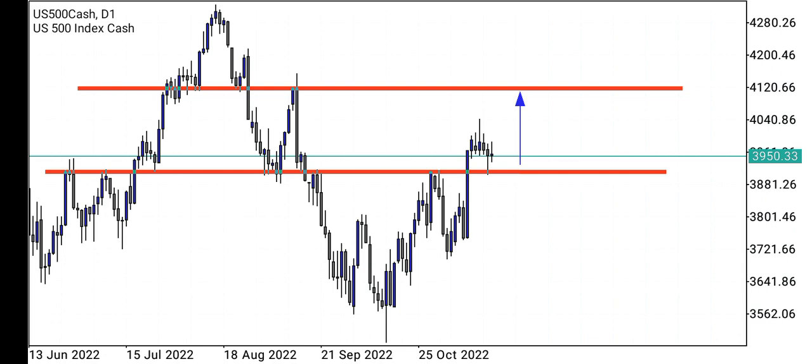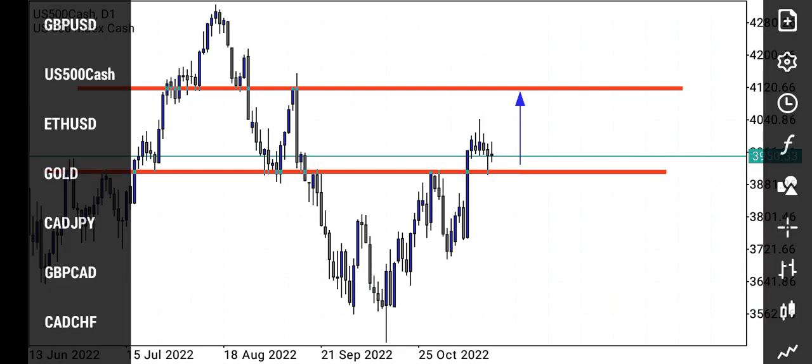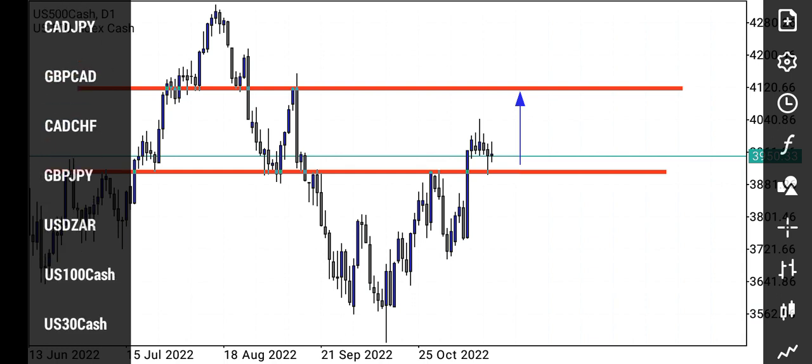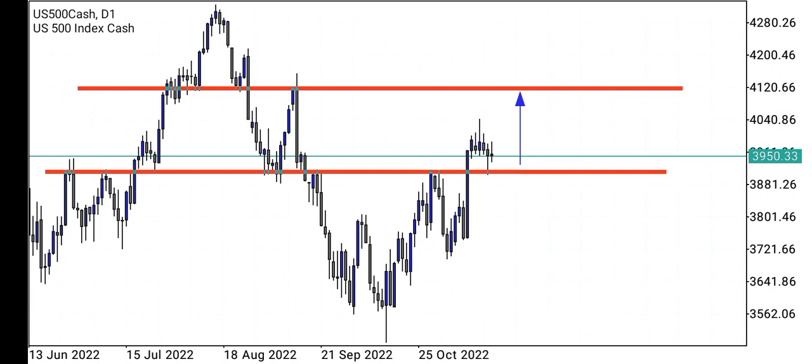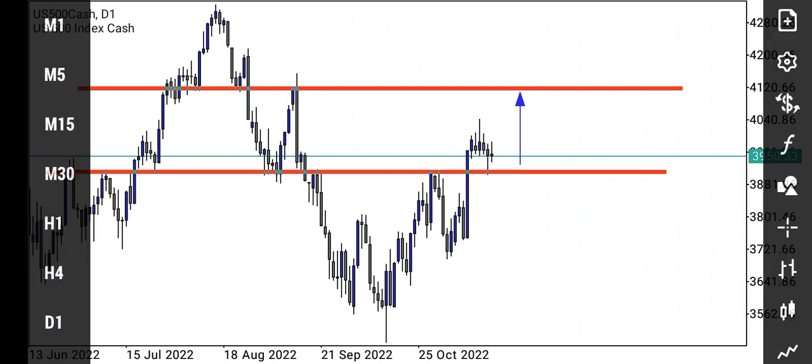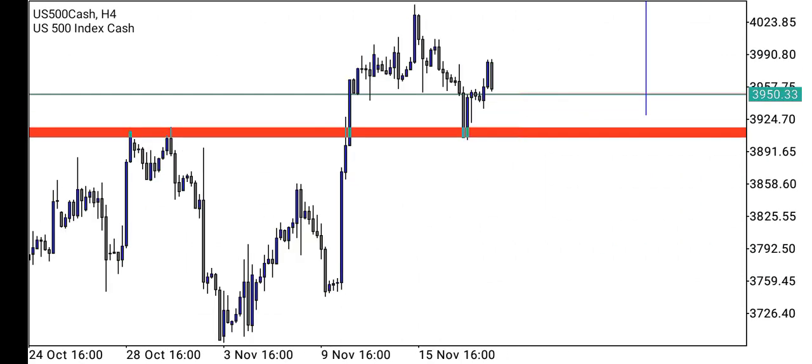So what we expect is that price is going to buy for US 500, which is the same for other indices, for US 500, US 30 and US 100. We're expecting it to buy, right? And just using simple analysis, you can go down to lower time frames to find entries. So we can go to H4, you can simply see what is happening.